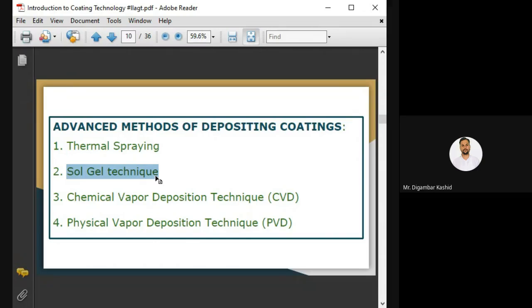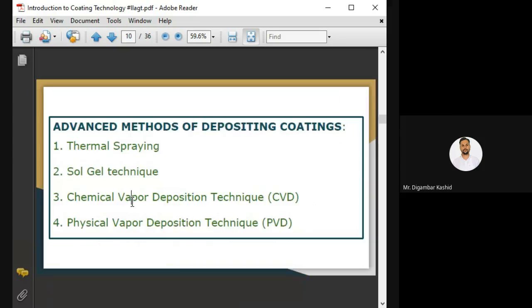So these are the four advanced methods of depositing coating: thermal spraying, sol-gel technique, chemical vapor deposition, and physical vapor deposition. Plasma spraying or flame spraying is part of thermal spraying.